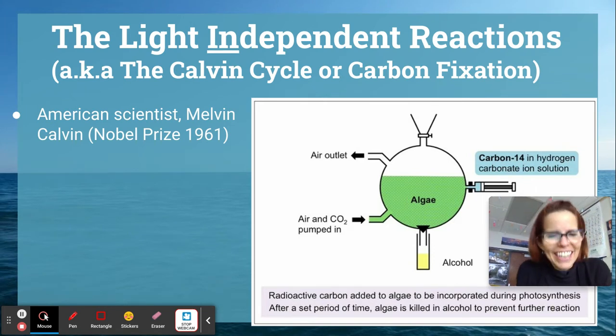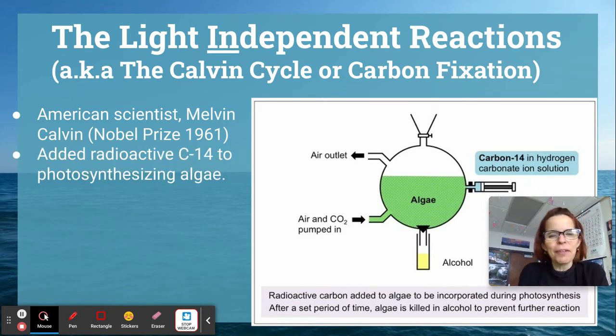I love that name, who won the Nobel Prize in 1961. I mention it because this is the kind of thing that the College Board includes on their AP exams all the time. It's not that you need to memorize it. It's that they're going to tell you about his experiment and expect you to understand how it worked. So he added radioactive carbon-14 to photosynthesizing algae.